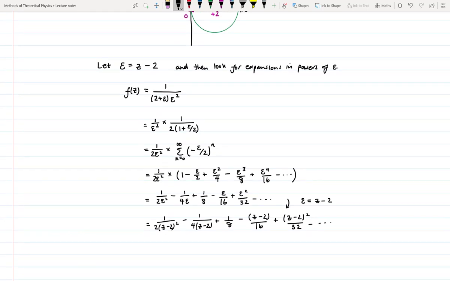And I'm not going to bother writing down the explicit formulae for the coefficients, but you can do it yourself if you want. And this expansion is valid for z minus 2 between 0 and 2, which is clear from the green circle at the top of the page. As practice, you can also consider expanding this function about the other singular point, z0 equals 0.